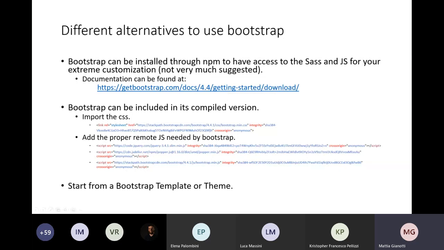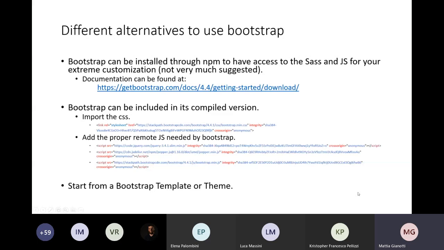However, it is not very much recommended because, especially when they create a newer version of Bootstrap, by downloading it you may not be up to date with the latest version, and this means also that you may not be compliant with newer standards that are defined by Bootstrap.